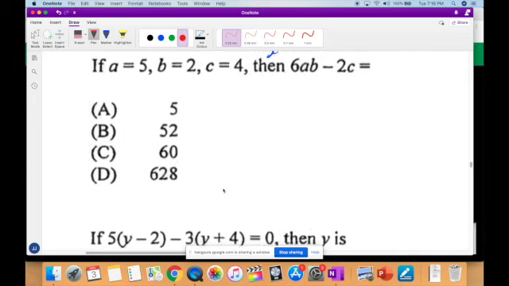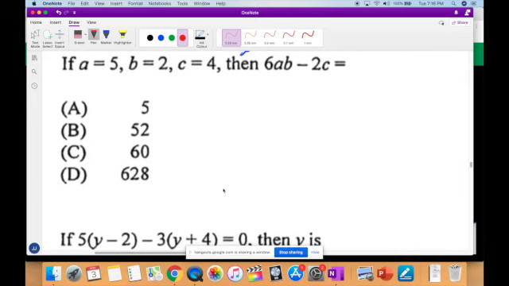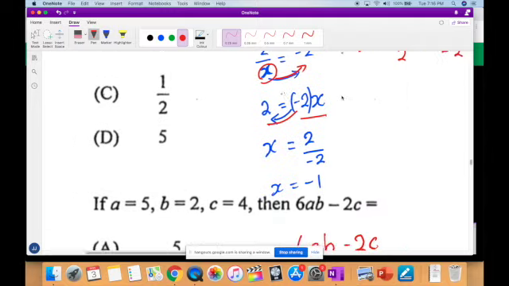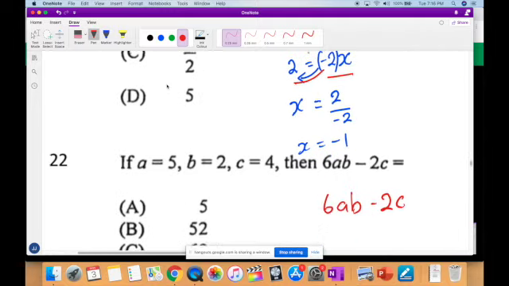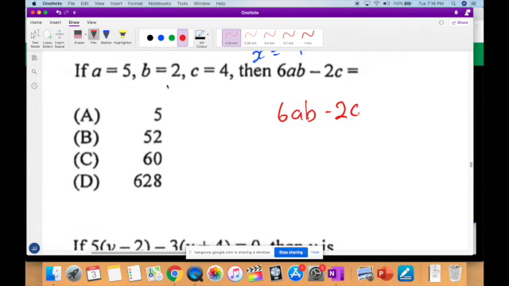What about this one? I have 6ab minus 2c. And what's the answer for this? Did we state the answer? Yes, a. The answer is a, -1. Now at the end of the day, just for the sake of time, a is equal to 5, b is equal to 2, c is equal to 4. So I'm literally just going to plug those values in.